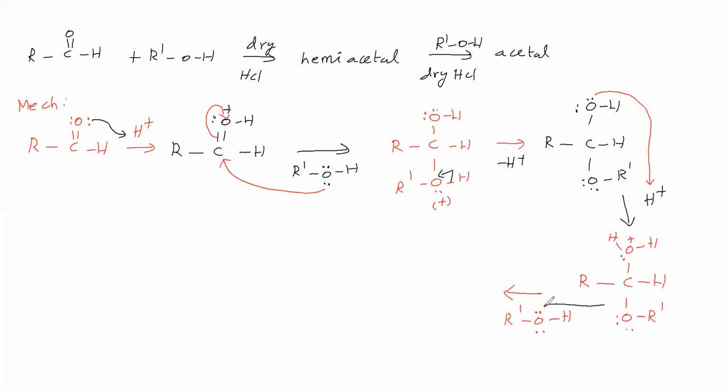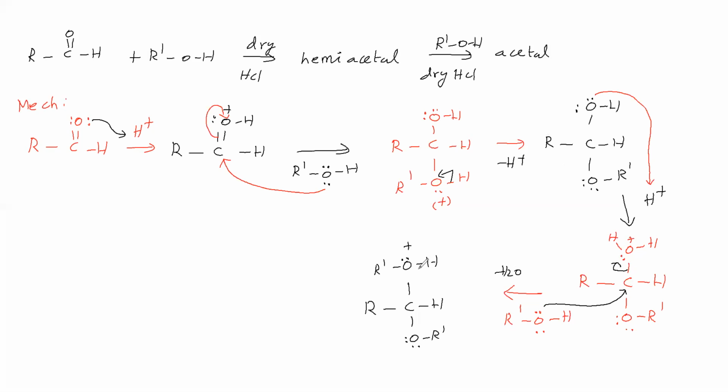This oxygen attacks this carbon, this bond shifts, and water leaves. So we get RCH with OR dash, this oxygen having two lone pairs. Here alcohol makes a bond, giving a positive charge.